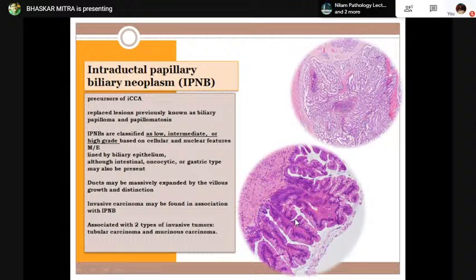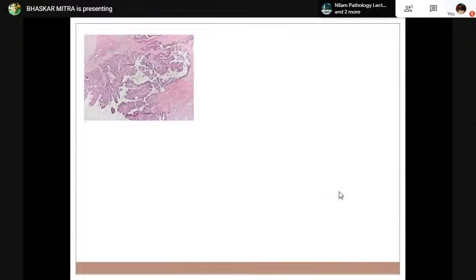It may progress to invasive carcinoma, and it may lead to tubular carcinoma. As the intestinal and gastric types are there, mucinous changes can commonly be seen in these cases, which are usually not seen in the BilIN cases. This is again more of a papillary architecture, more dysplastic, but no invasion. Again, IPNB, that is intraductal papillary neoplasm.